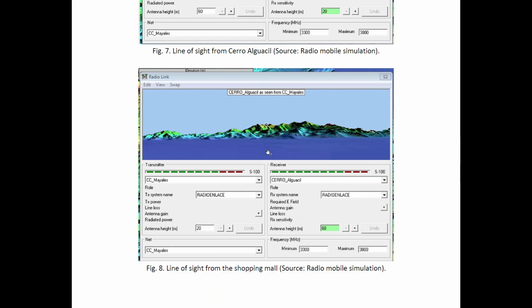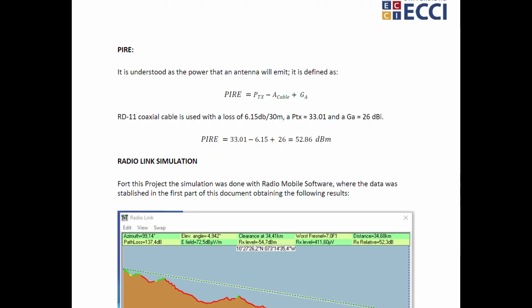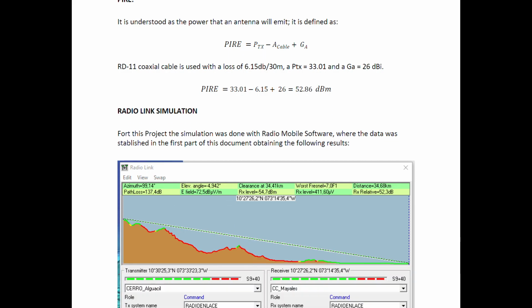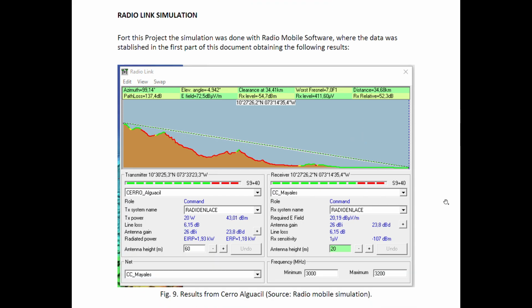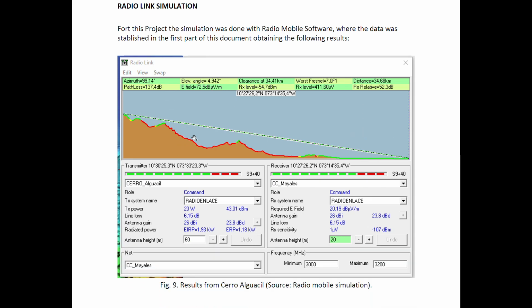So we can see that there is no issue with that. Later we have the power that the antenna will emit, and it is 52.86 dBm.